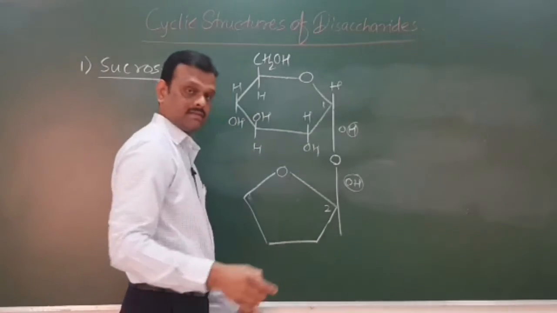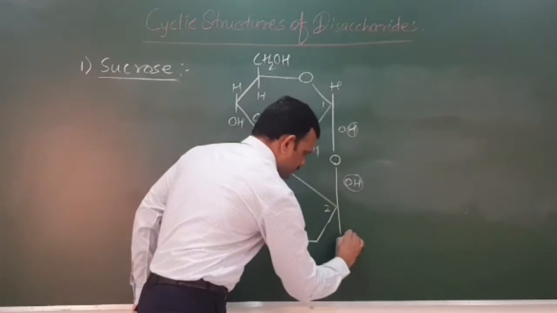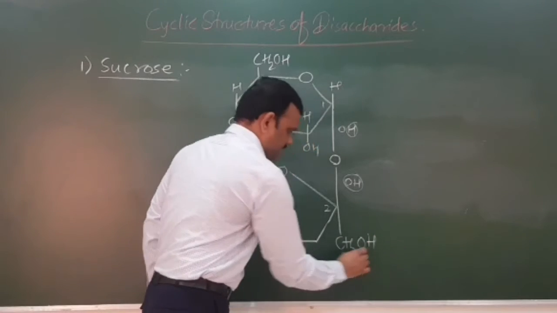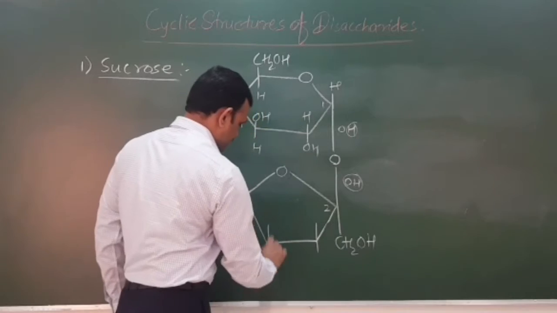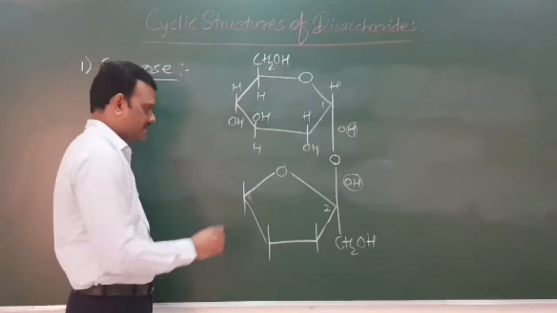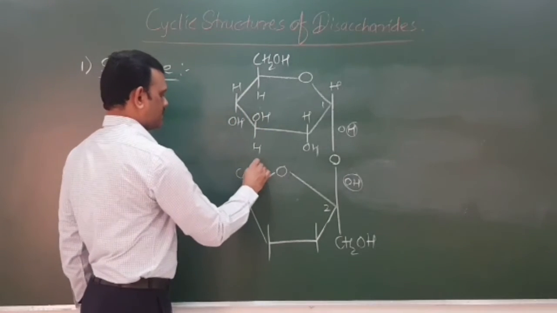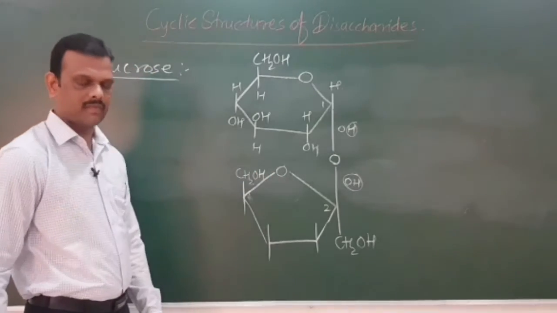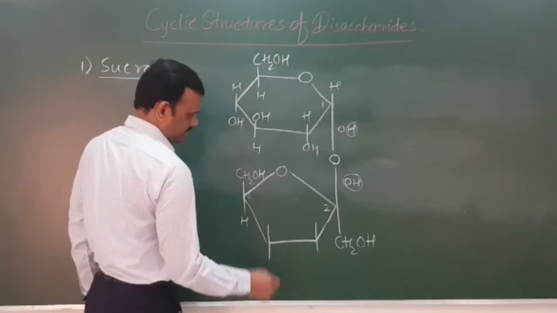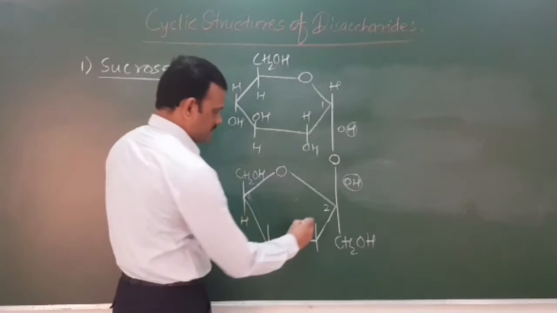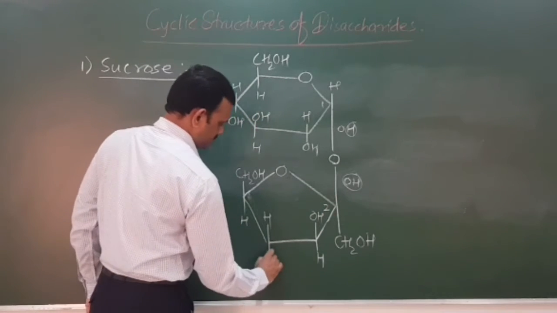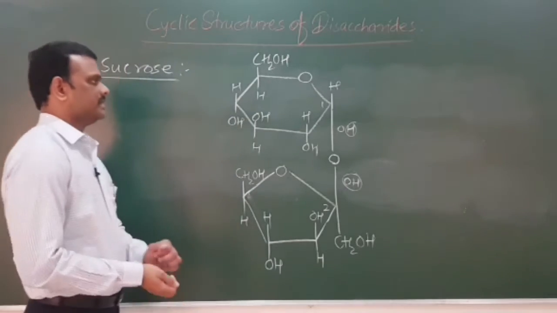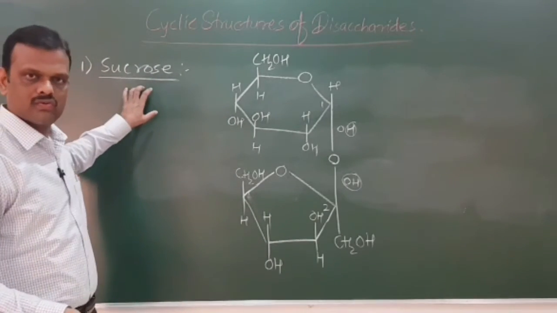Here CH2OH, C1 of fructose, C1, C2, C3, C4, C5 and C6. C6 is always CH2OH at upper part. C3, OH on upper part, H downward, H up, OH down. This is the structure of sucrose.